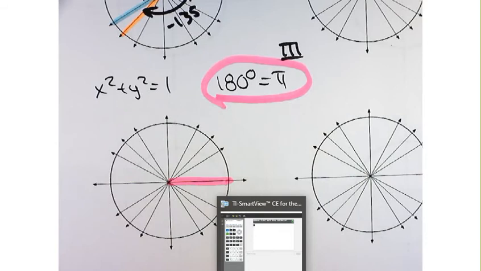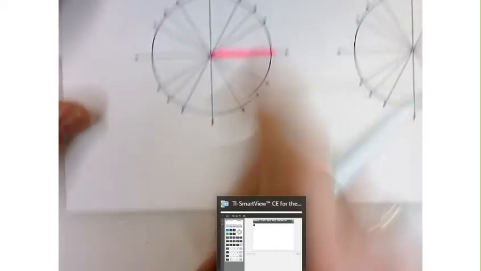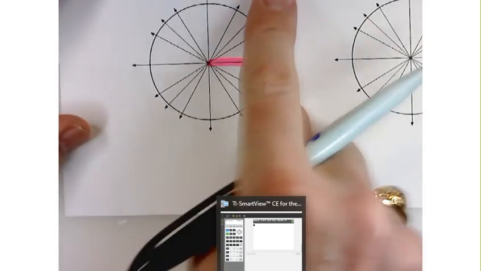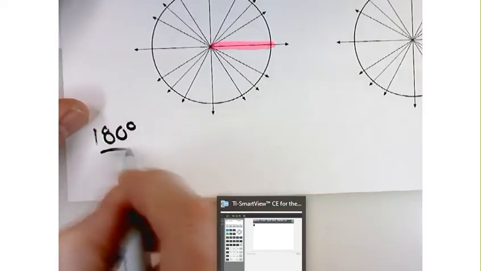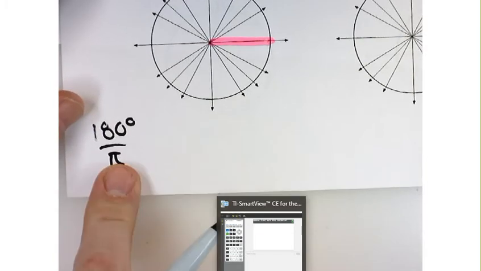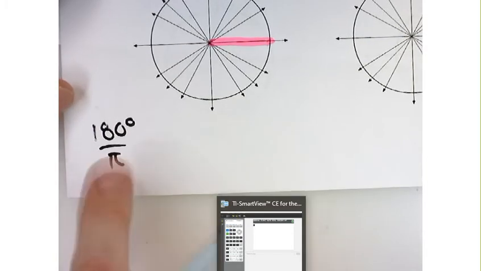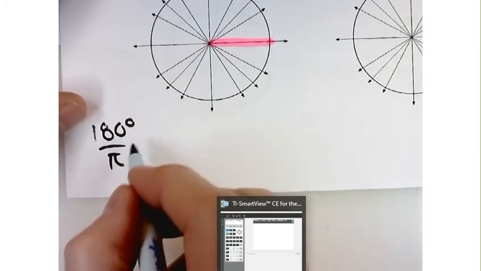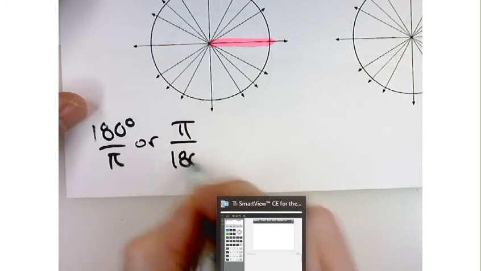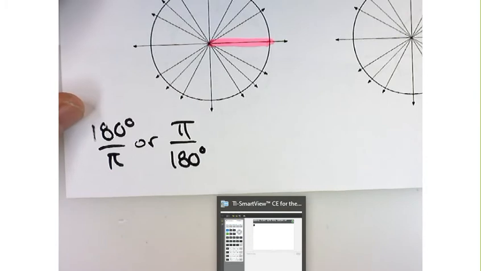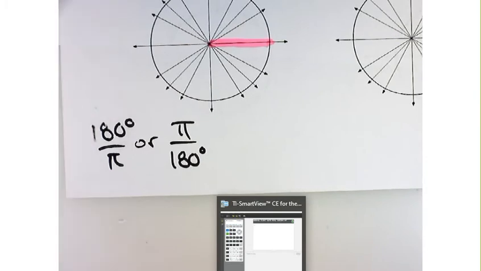If you had something in radians or degrees and you wanted to go from one to the other, you can simply multiply. I can take this relationship and divide both sides by pi and get 180 degrees divided by pi. That's going to allow me to convert from radians to degrees. Or, if I do things the other way around, pi over 180. Again, that's going to allow me to do some conversions.